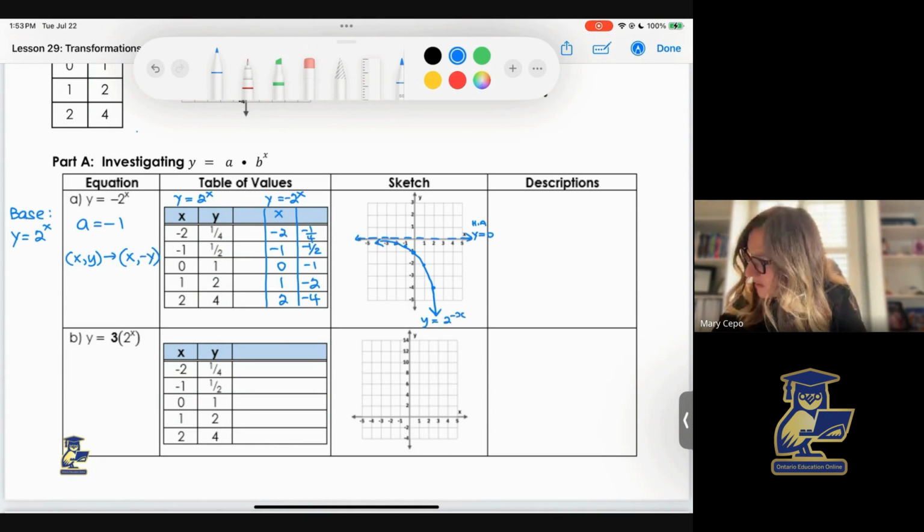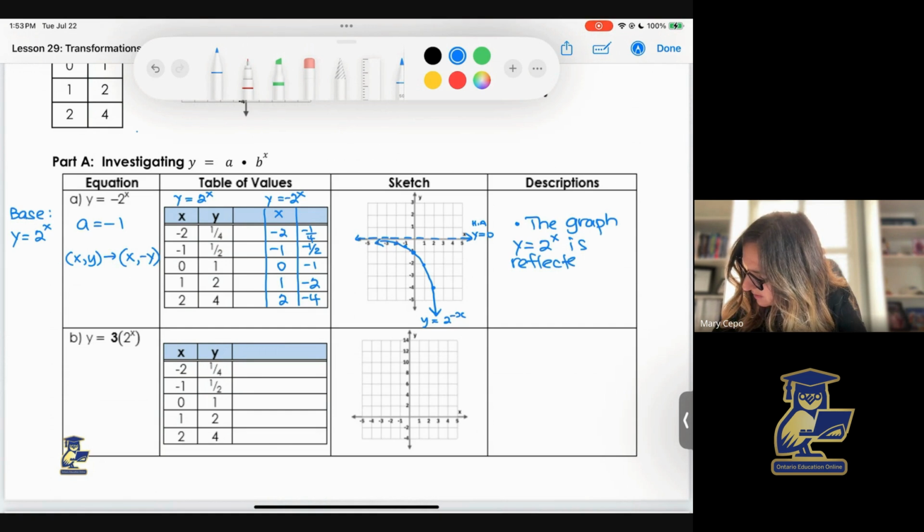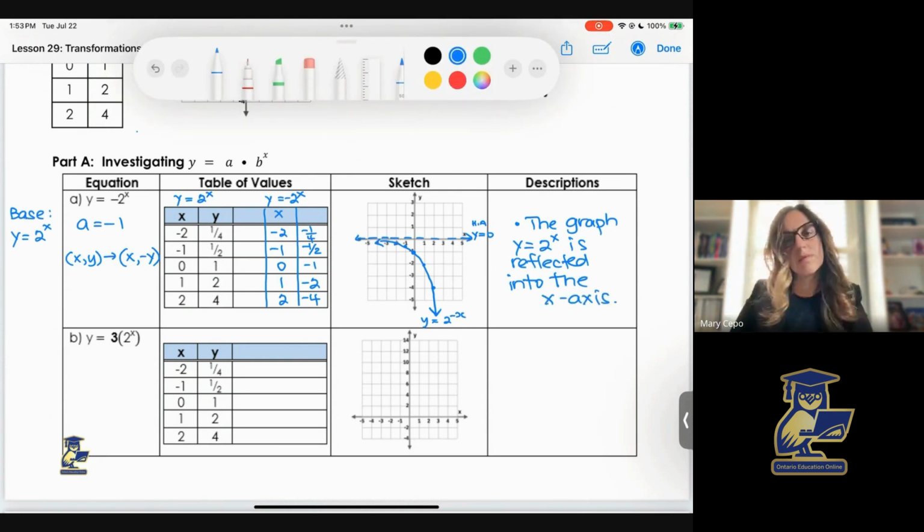So what's happened is the graph y equals 2 to the x, that base function, is reflected in the x-axis. As expected, because we know when a is negative, we're reflecting it in the x-axis. In the x-axis, across the x-axis, means the same thing.